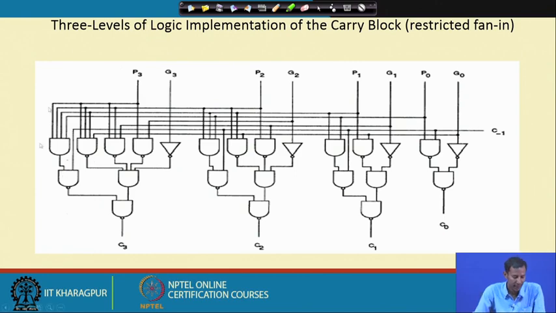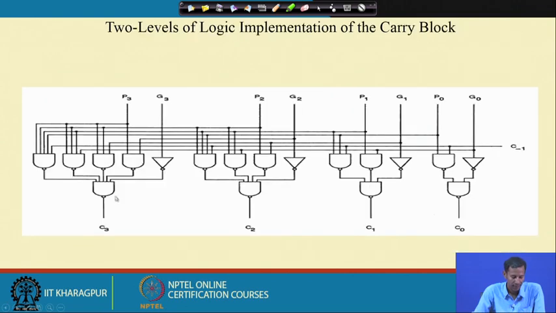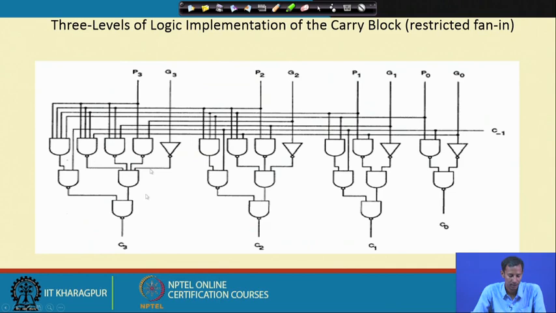Another change: here there were 5 inputs, and I said the fan in is restricted to 4. So this is ANDed first in 4, then NANDed with this and this to get this. That means it has now split into 2 levels.